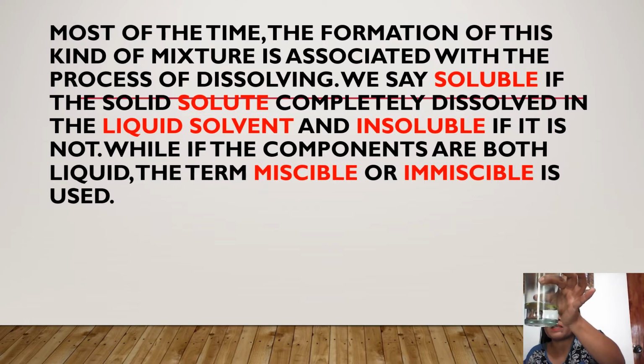That's why we can see it on the top. And the molecule of the cooking oil does not mix with water. So this is an example of immiscible, meaning the cooking oil is not soluble or it is insoluble because it is not totally mixed with the water.